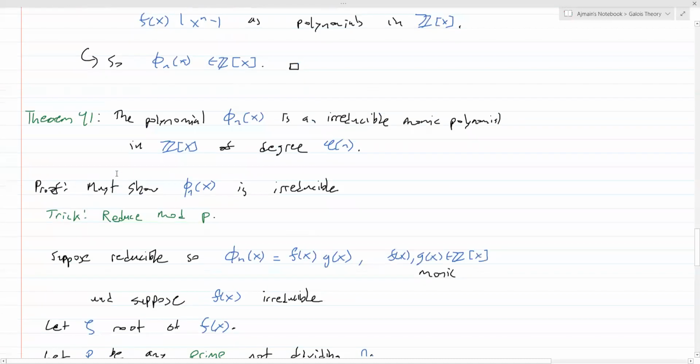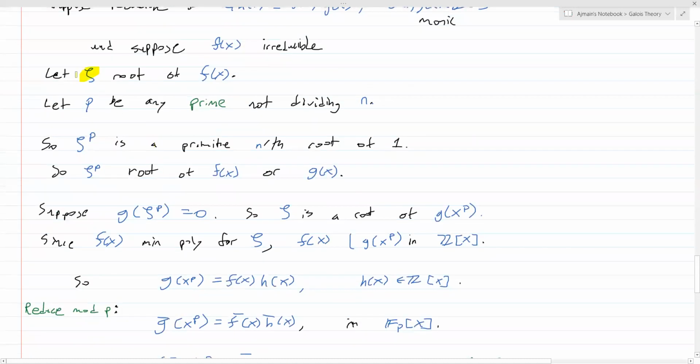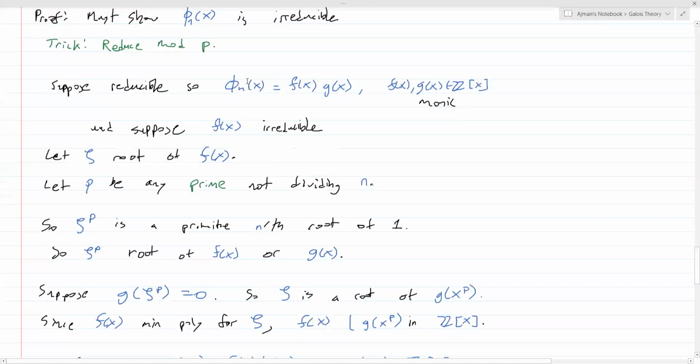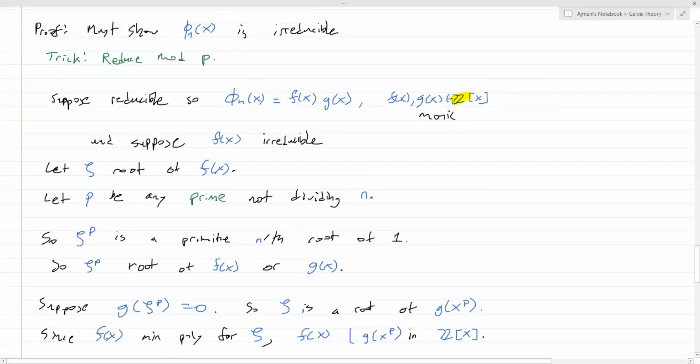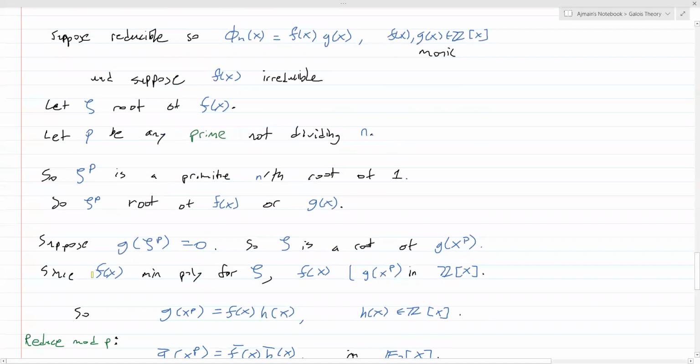So zeta is a root of this irreducible polynomial, which has integer coefficients, so it's the minimal polynomial for zeta. And zeta is also a root of g of x to the p.